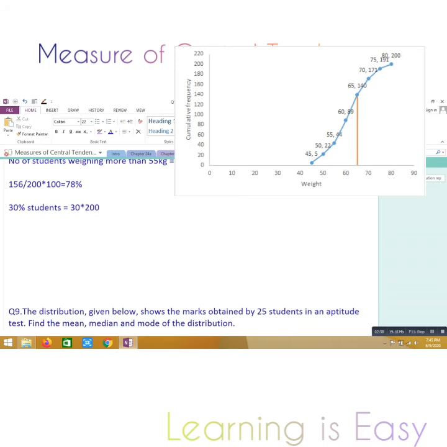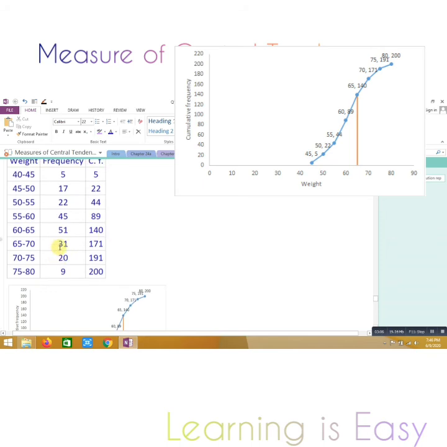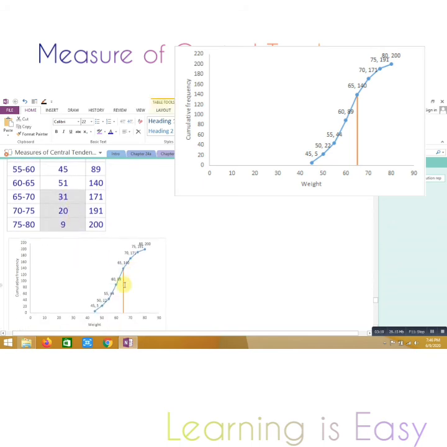So 30 into 200 by 100, that is 60 students. You can cross verify this by checking the upper limit 3. So 31 plus 20 plus 9 makes 60 students.